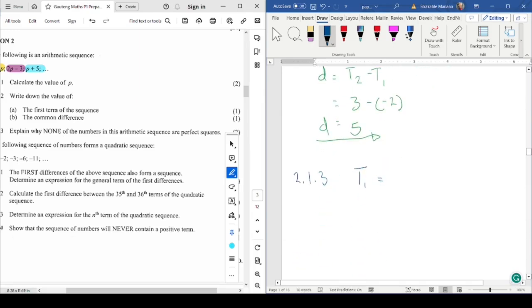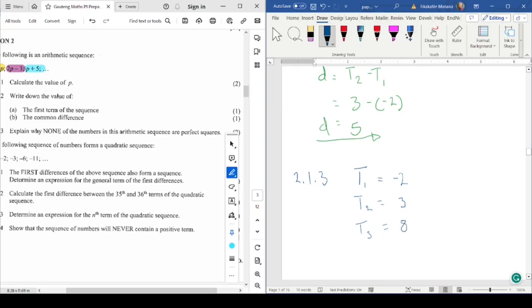It's minus 2. T1 is minus 2, right? Now we know the difference is 5, so T2 is minus 2 plus 5, which gives you what? It's 5 minus 2, which is 3. T3 is going to be 3 plus 5, which is 8.